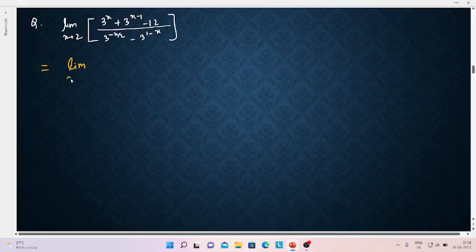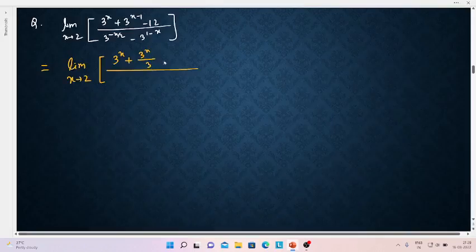So basically here limit of x tending to 2 is given to you, and you can write down the numerator as 3 to the power x plus 3 to the power x upon 3 minus 12, upon, that can be written as 3 to the power minus x, minus 3 to the power minus x minus 3 upon 3 to the power x, right? That can be written like that.